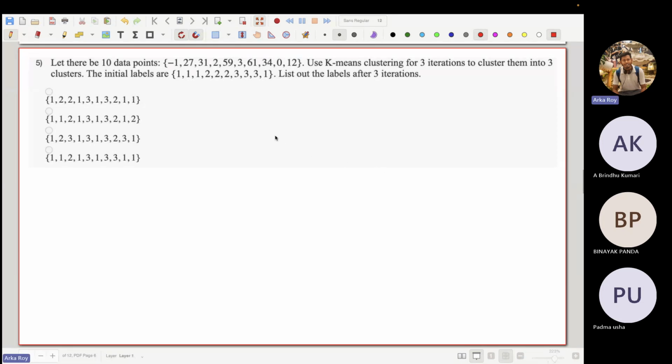Okay. So in this particular case, let us now start with the solution. This question is pretty long. We need to compute a pretty long series of iterations to get to the answer. So let us first depict the data set.